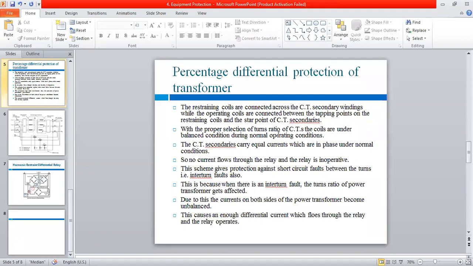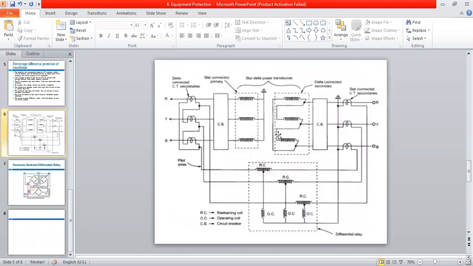The current flowing through the primary CT and secondary CT is different, and this causes enough differential current to flow through the relay, and your relay will operate.